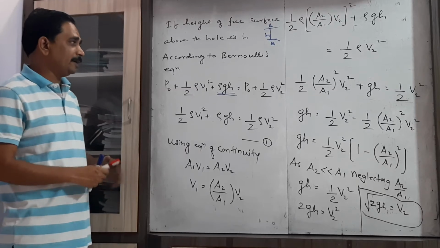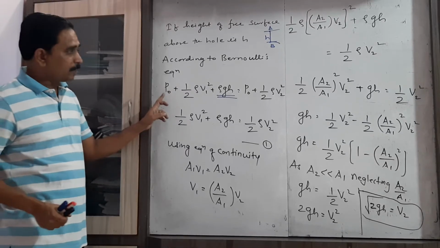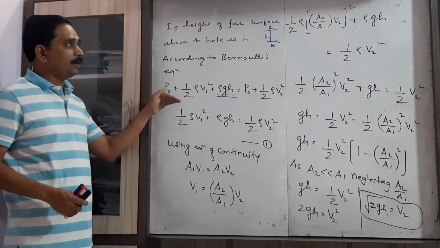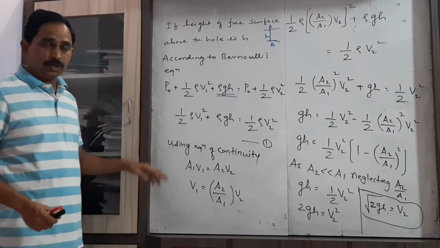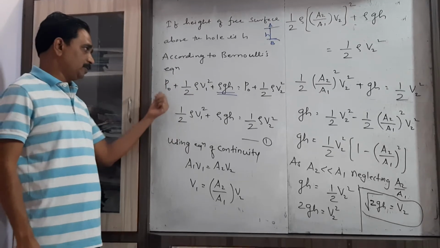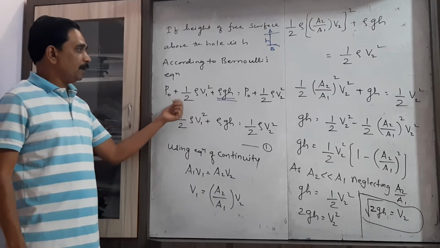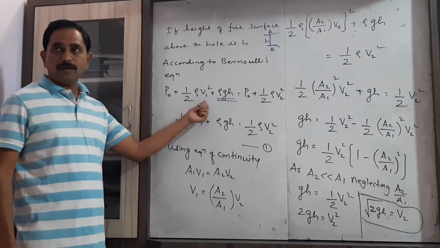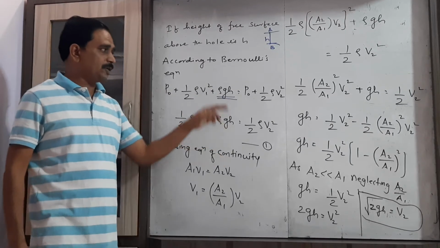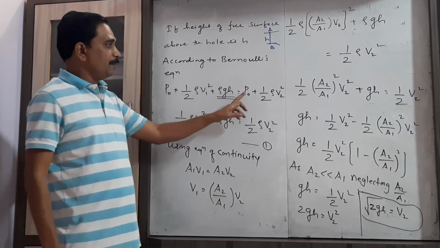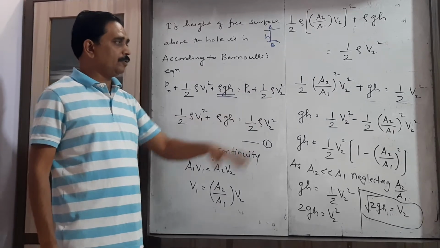So this is the equation written from Bernoulli's equation, which we proved in the previous video: P0 plus half rho V1 square plus rho GH equals P0 plus half rho V2 square.